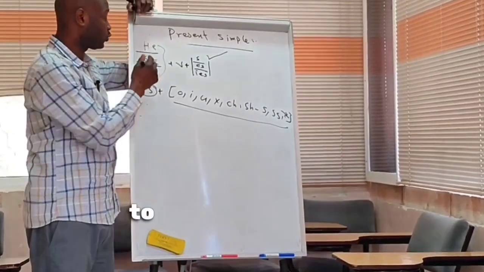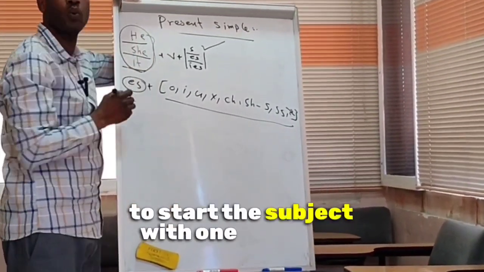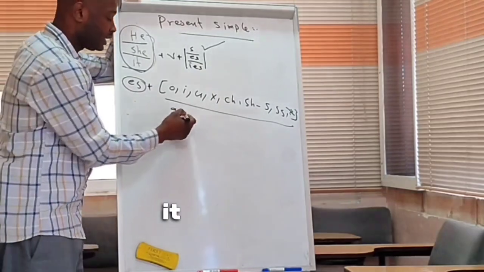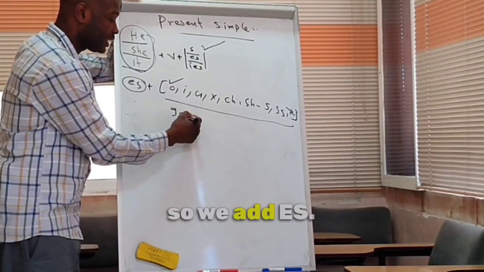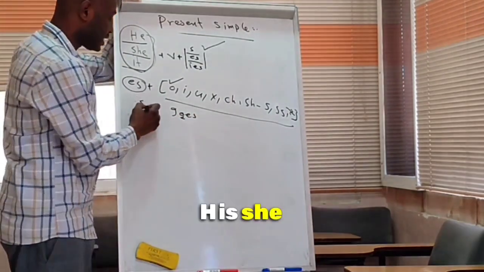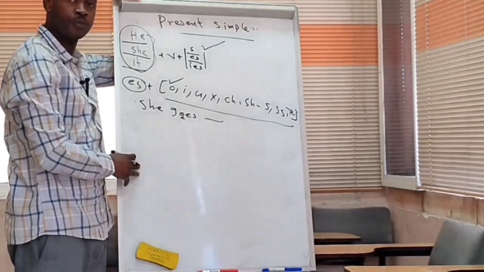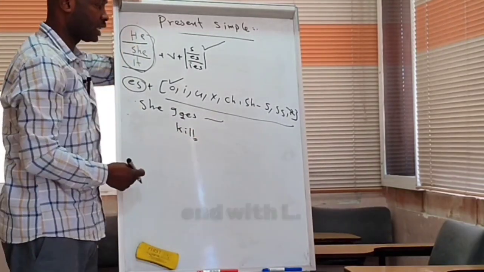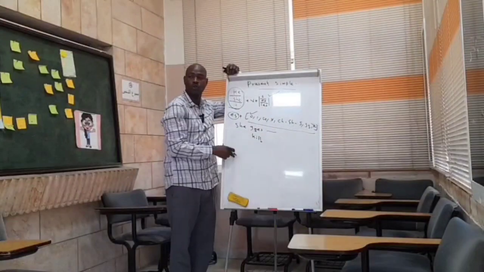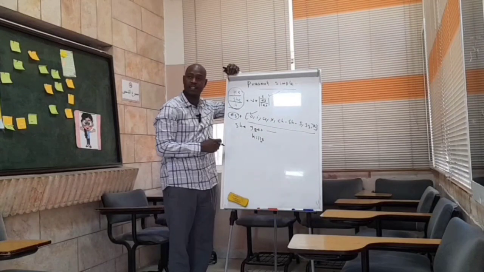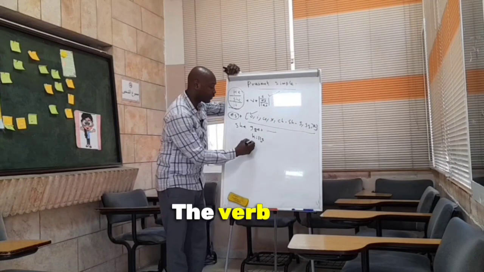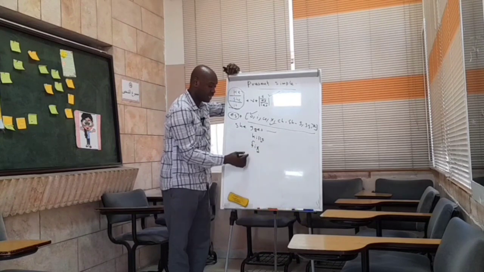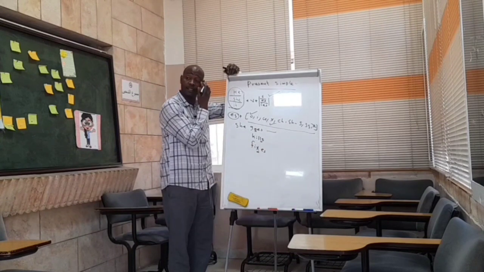For example, the verb go ends with O, so we add ES: "She goes." The verb kill ends with L. L is not one of those, so we add S. The verb fix ends with X, so we add ES: "He fixes his car."